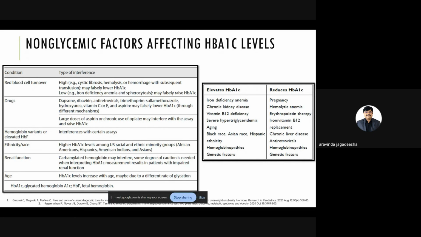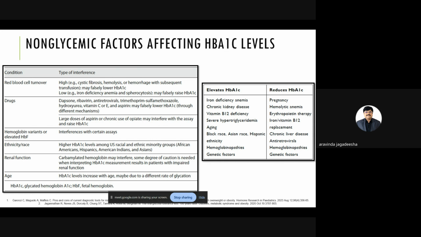Another important factor is hemoglobin variants or elevated HbF, which interferes with certain assays. The most important thing is ethnicity and race: higher HbA1c levels are seen among US racial and ethnic minority groups like African Americans, Hispanics, American Indians, and Asians.